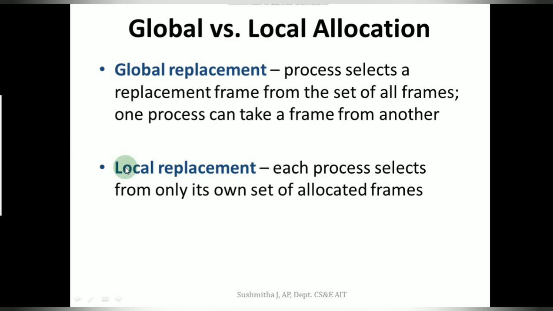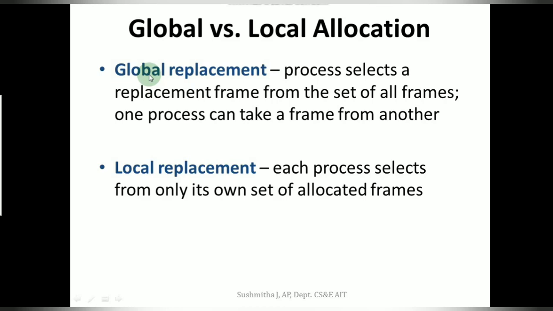But that is not the case with global replacement. If the main memory has 50 frames, it could select its replacement from any of those 50 frames. Any page may be a potential victim, whether it currently belongs to that process or it is seeking a free frame from another process.